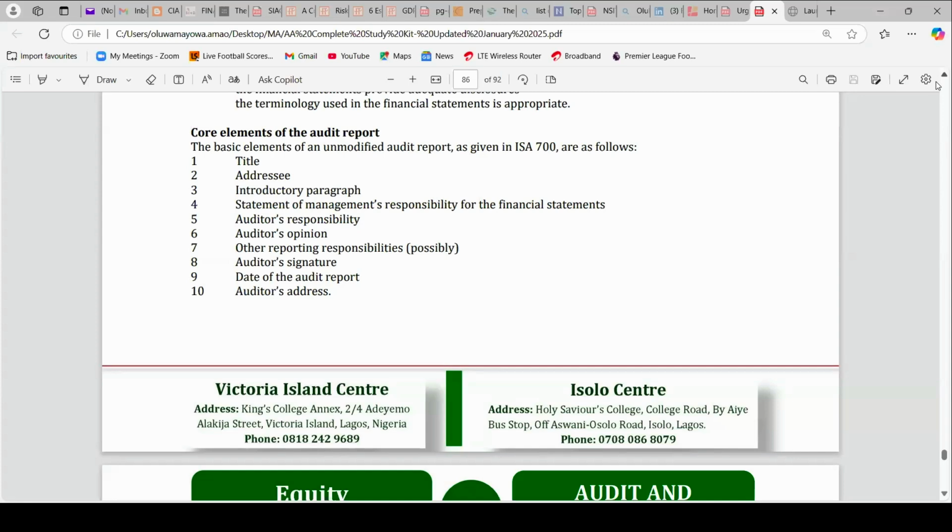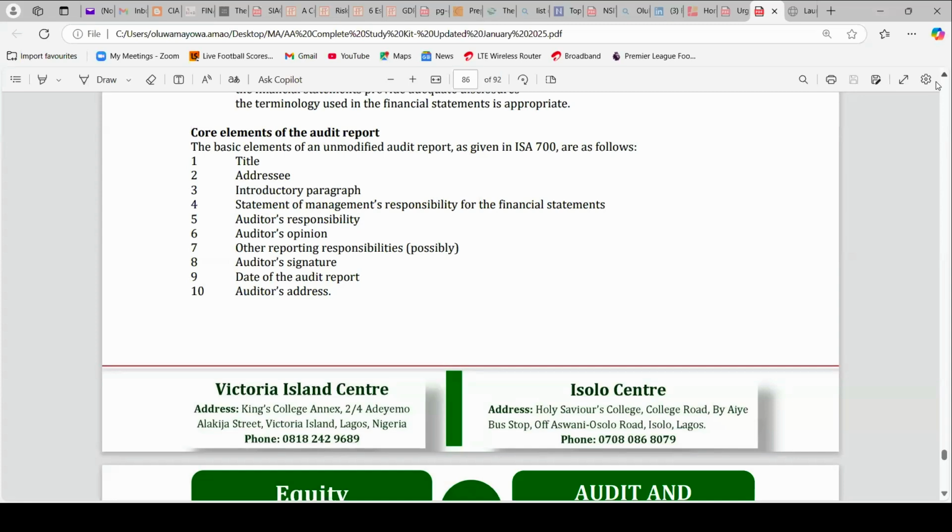In your text material, you have title, addressee, introductory paragraph, statement of management responsibility for financial statement, the auditor's responsibility, the auditor's opinion, other reporting responsibility, if there are audit committee, board of director, auditor signature, and date of audit report and audit address. But when you look at ICAN part, we have it as 14.